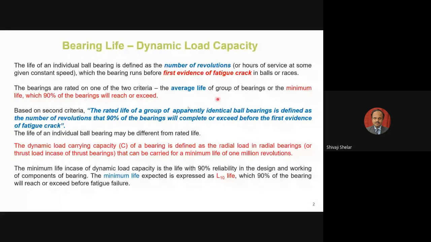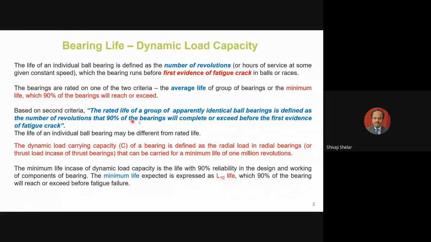Based on the second criterion, the minimum life concept, I am writing one definition for minimum life that is called the rated life. The rated life of a group of apparently identical ball bearings is defined as the number of revolutions, or number of hours of service at constant speed, that 90% of the bearings will complete or exceed before the first evidence of fatigue crack.